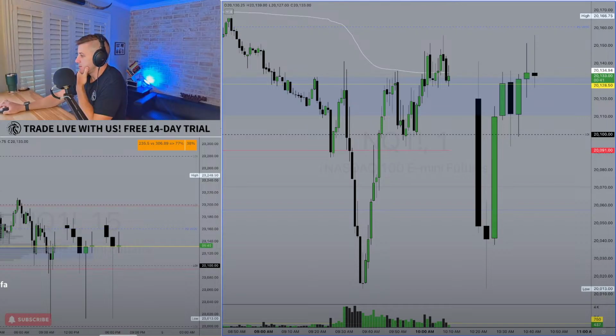Russell's looking good today, up and through the overnight high. Pretty nice push there. For anyone that trades the Russell small caps.